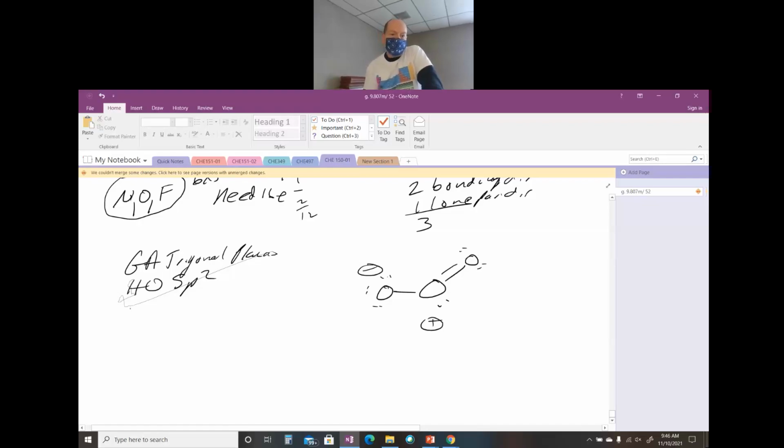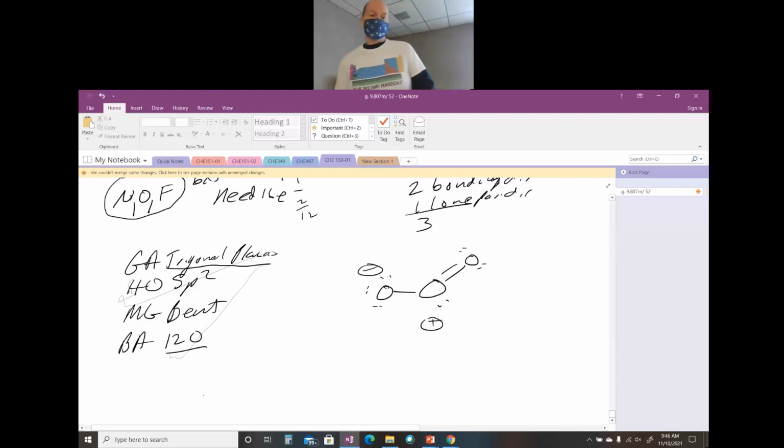All right, and so then our molecular geometry is bent. And the bond angle is 120. Remember, your bent can be from trigonal planar, which has a bond angle of 120, or you could get bent from tetrahedral when the bond angle then is 109.5. So the bond angle comes from your geometric arrangement.